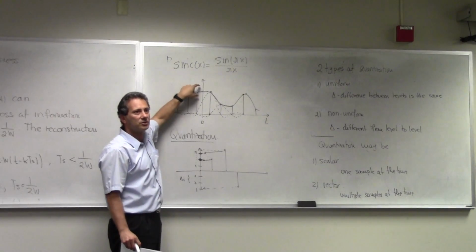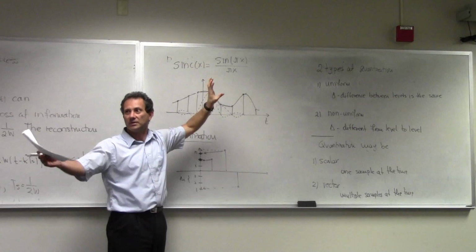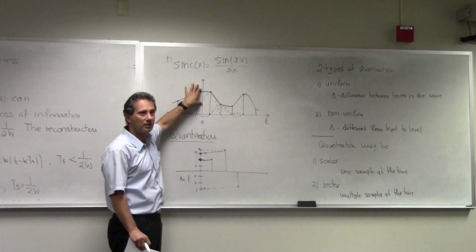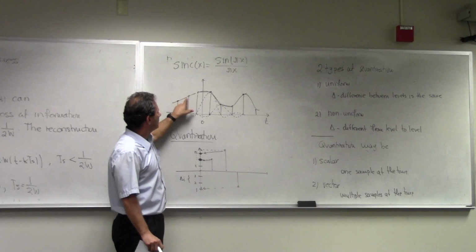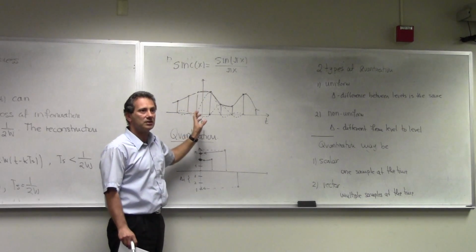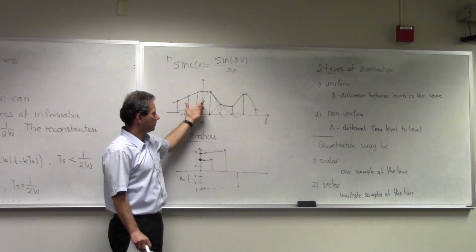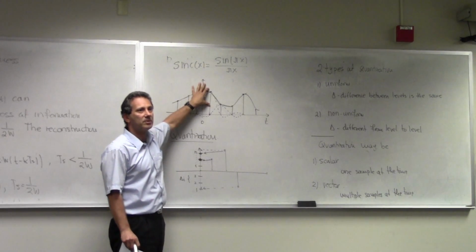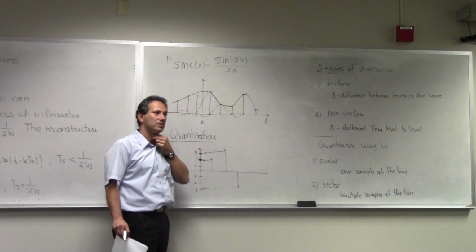The signal cannot change, especially if I'm oversampling, and I do that for reasons we discussed in linear systems. By knowing this sample, I can say something about the adjacent ones. So I can get better precision in representing my signal by encoding multiple samples at a time.